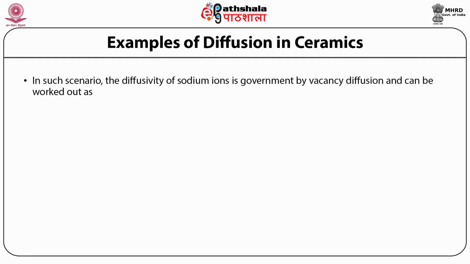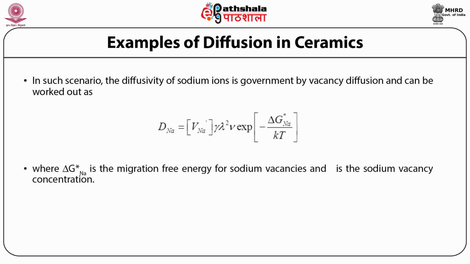Now, in such a scenario, the diffusivity of sodium ions is governed by vacancy diffusion and can be worked out as D is equal to V_Na into gamma lambda square exponential minus delta G star by kT, where delta G star is the migration free energy for sodium vacancies and V_Na is the sodium vacancy concentration.